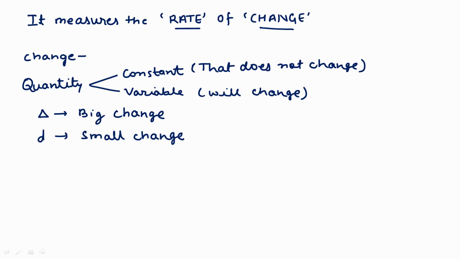For example, if I have something like delta x, what does it mean? It means big change in x.